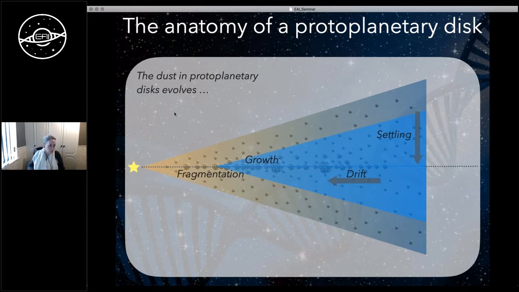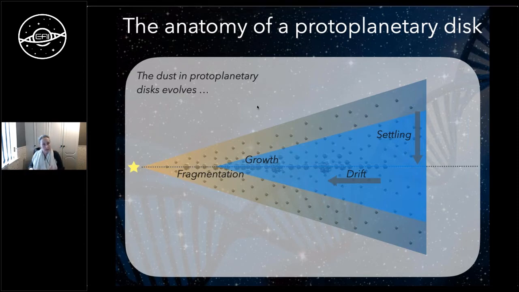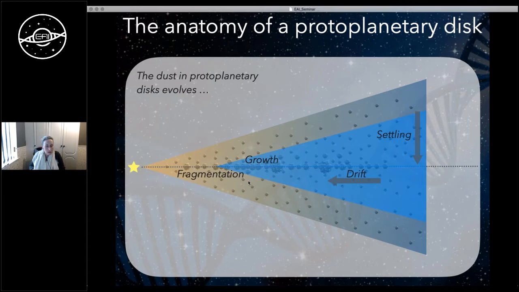So we now know from a couple of decades of submillimeter observations in particular, but also scattered light observations, as I'll show you, that the dust in disks is not homogeneously distributed through the gas. There's a lot of different dust physics that goes on, such as growth, so dust grains can collide and stick and grow. They can also fragment if their relative velocities are sufficiently high. That can replenish small dust grains that we can then see in scattered light.